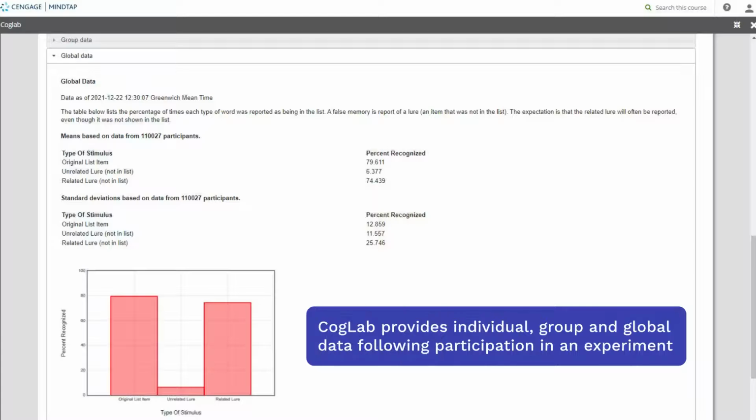Yeah, I think that's a really astute point, Hanny, because often the feedback we get from students using CogLab is how valuable they find seeing their own results in the context of the global data. And I imagine that speaks to what you've just said about individual differences.